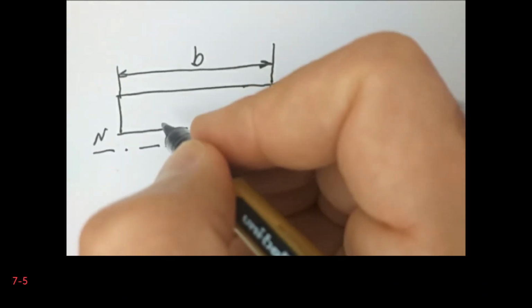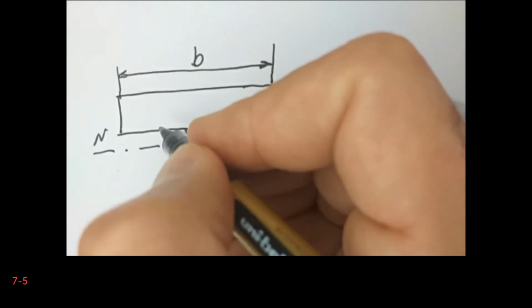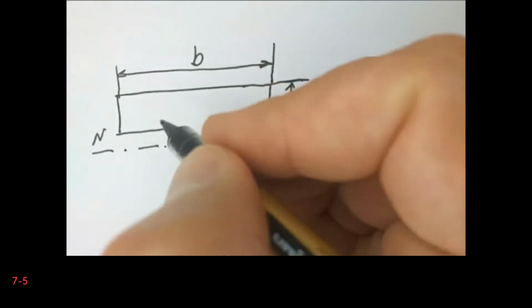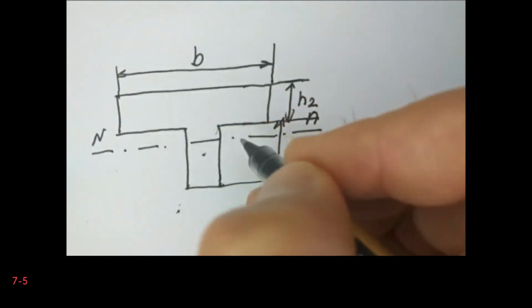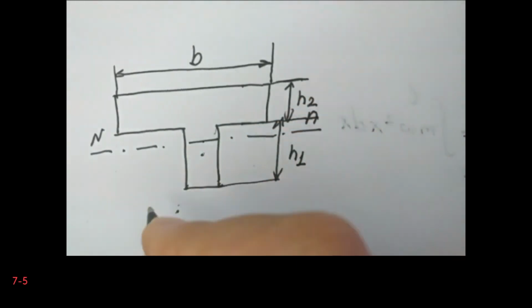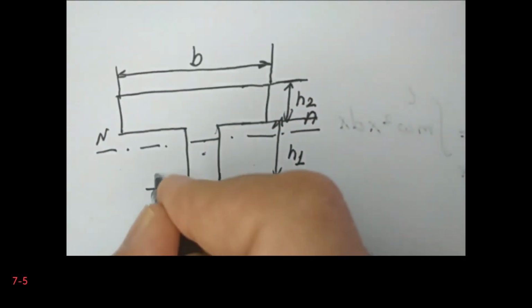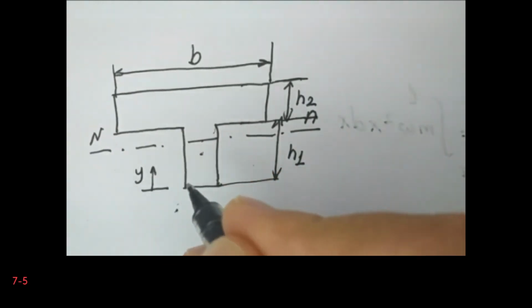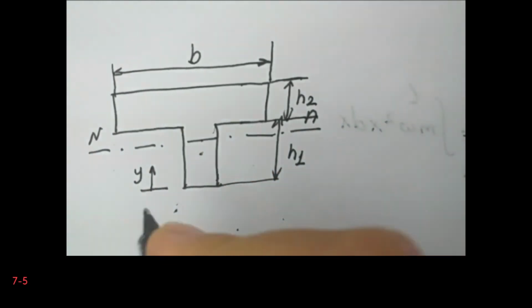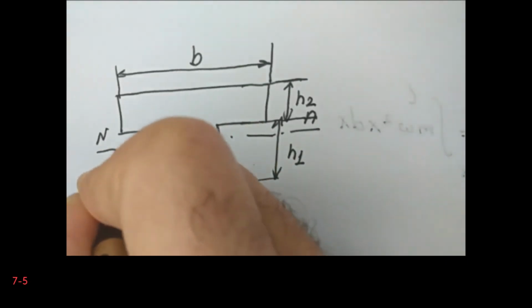Now, again, we need to find out the location of the centroid. So this axis, I will choose the bottom line of the cross section as my reference point. Therefore, this distance is y bar.